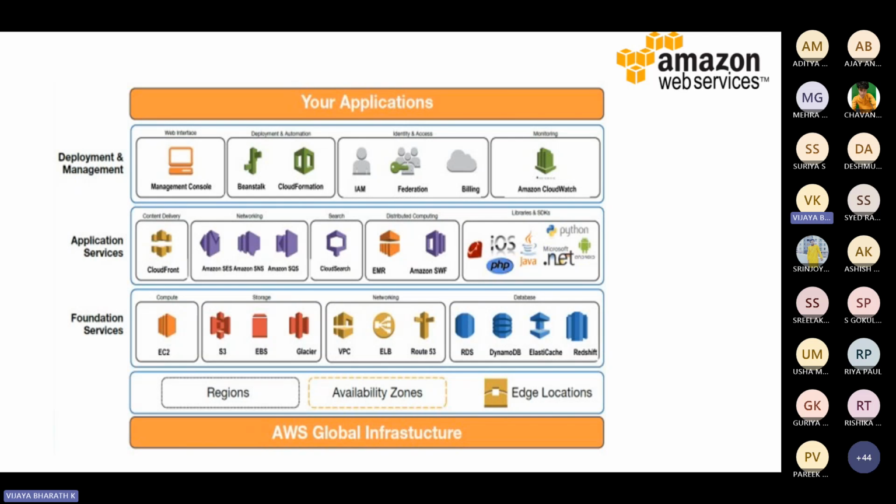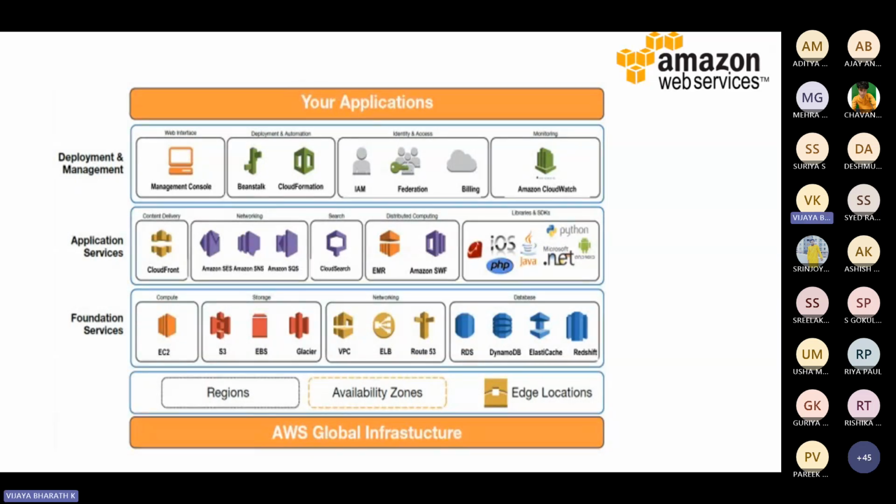Regions in the sense it could be APAC, India, or the US region. In the US you have Central US. Like that, in India you have South as well as Central India. Those are the available regions.